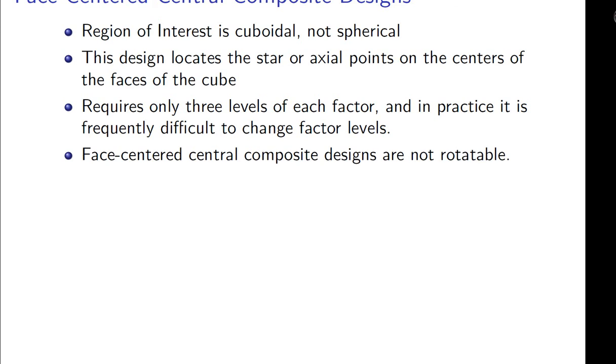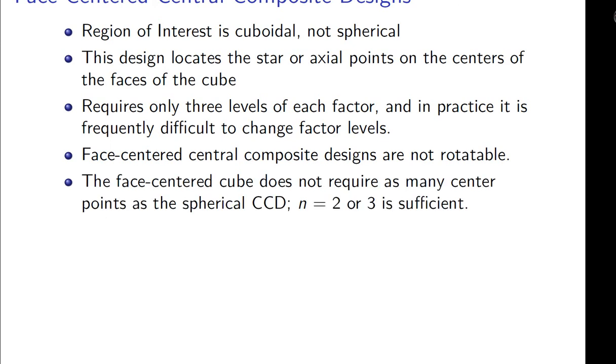All right, so these are not rotatable. As you imagine, if you took a cube and tried to rotate it in space, you don't get a symmetrical object. With a sphere, when you rotate it, you do have that symmetry. Face-centered central composite designs are not rotatable for that reason.